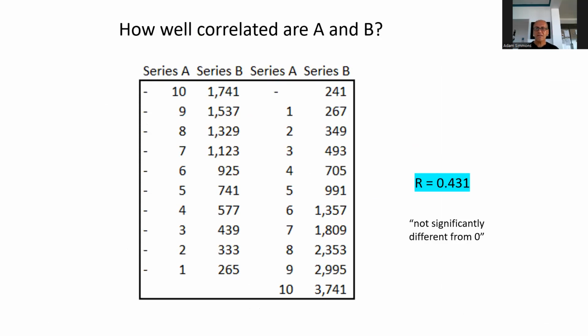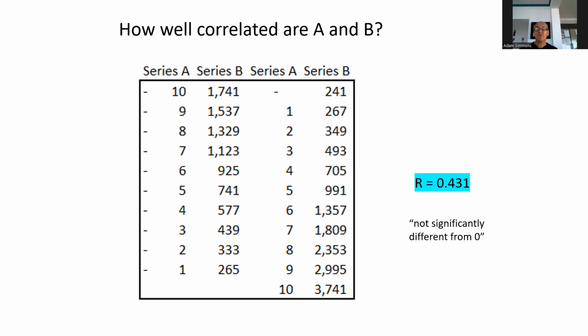Now let's look at another set of data here. I've just generated two sets of numbers. Series A is just -10 to +10, so there are 21 observations in total with increments of 1. And Series B looks as though it declines for the first half of Series A and then increases for the second half.